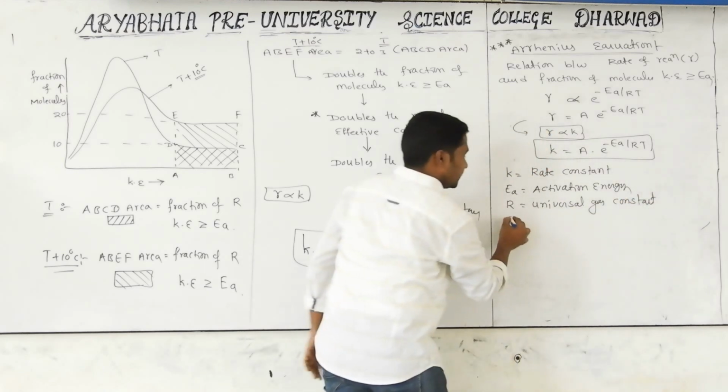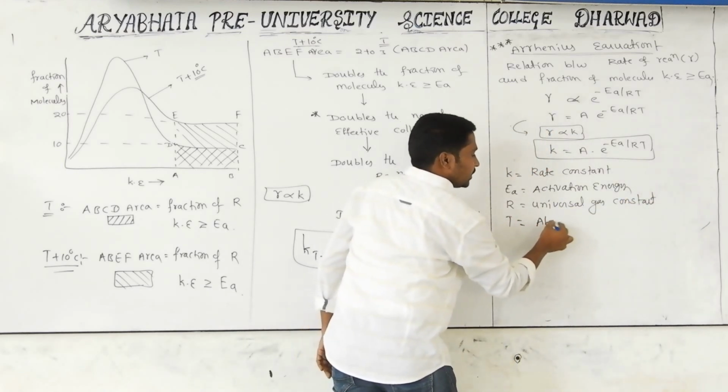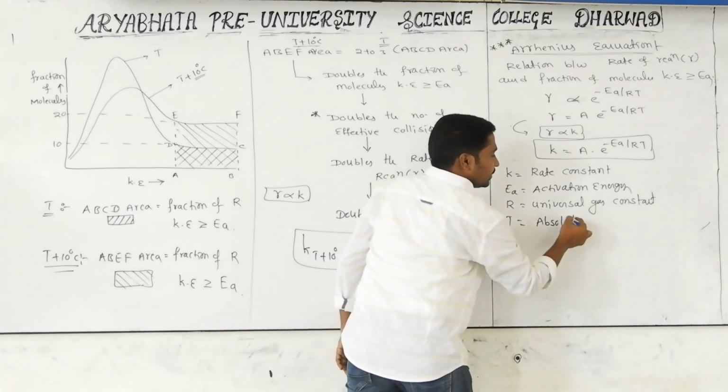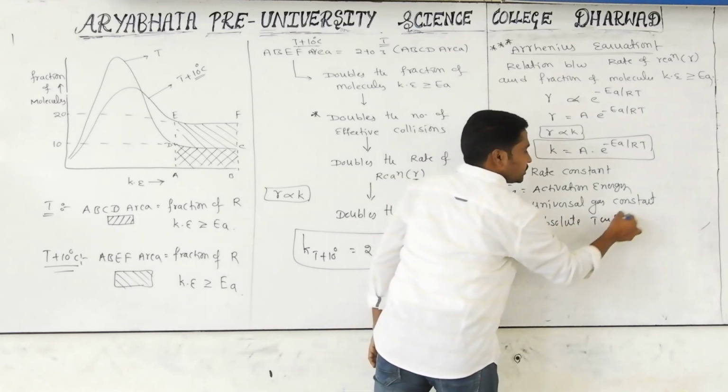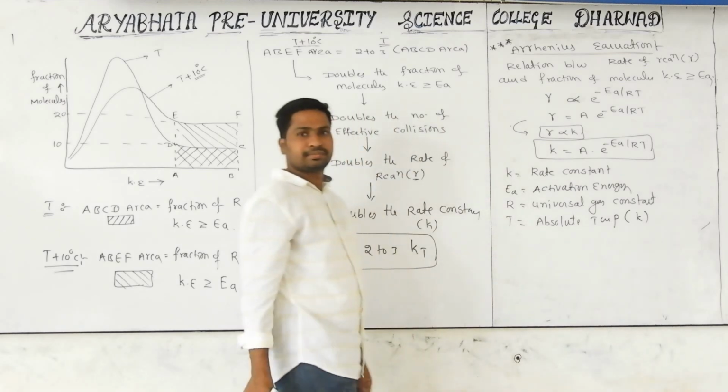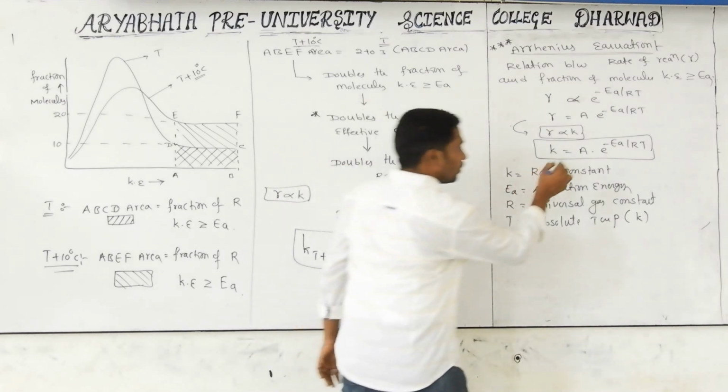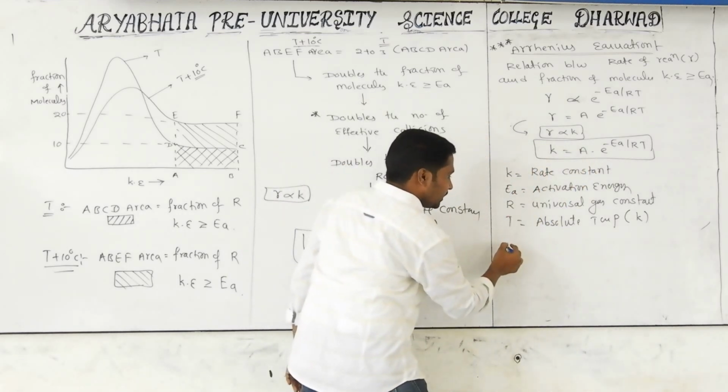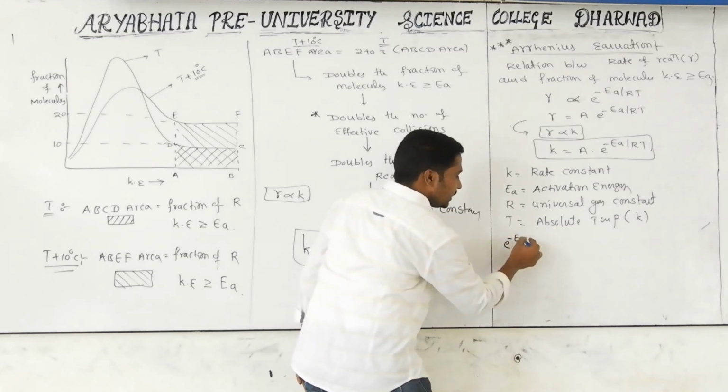And T is the absolute temperature. What is the meaning of absolute temperature? The temperature should be expressed in Kelvins. Are you clear? Now, one more time: e power minus Ea by RT.